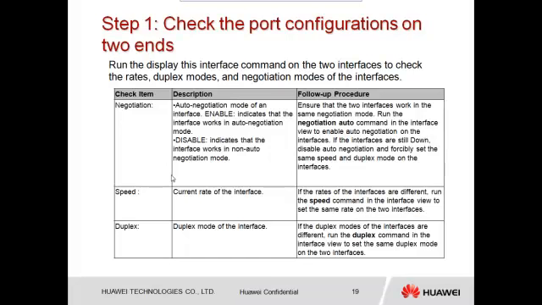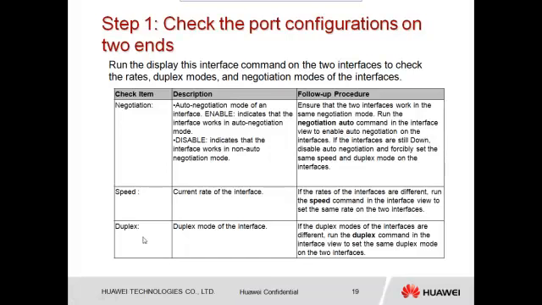So, to ensure that the two interfaces work in the same negotiation mode, we need to run the negotiation auto command in the interface view to enable auto negotiation on the interfaces. If the interfaces are still down, disable auto negotiation and forcibly set the same speed and duplex mode on the interfaces.